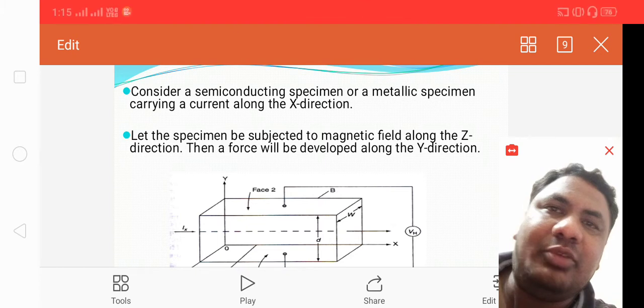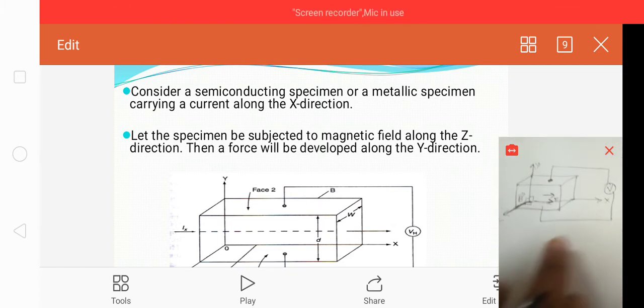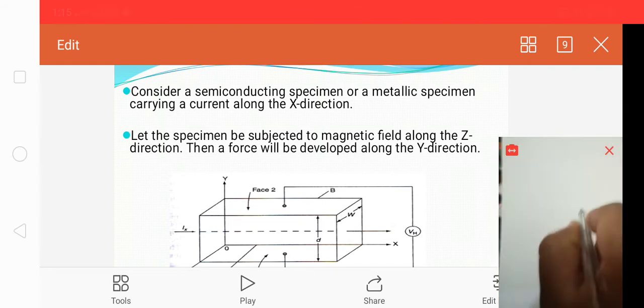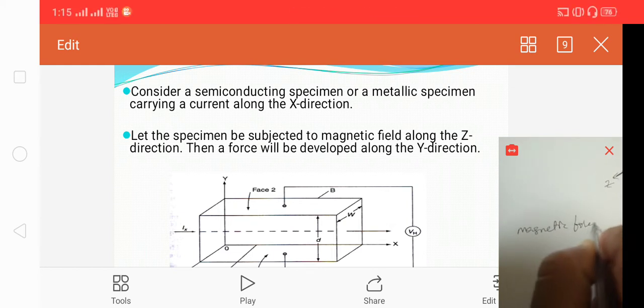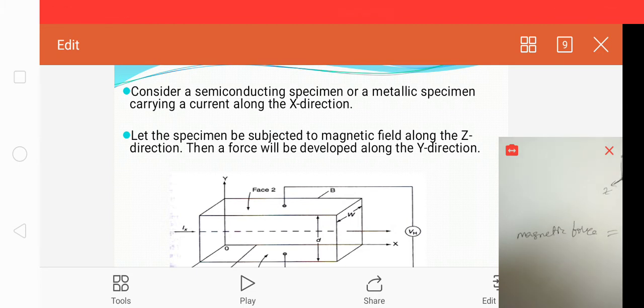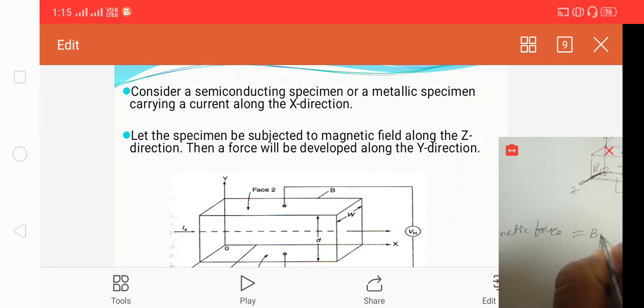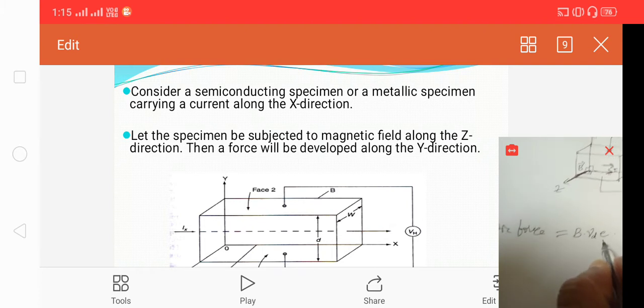For that, I am doing some mathematical treatment. Let us consider this situation. The magnetic force is equal to the magnetic field induction B, drift velocity, and charge of electron.